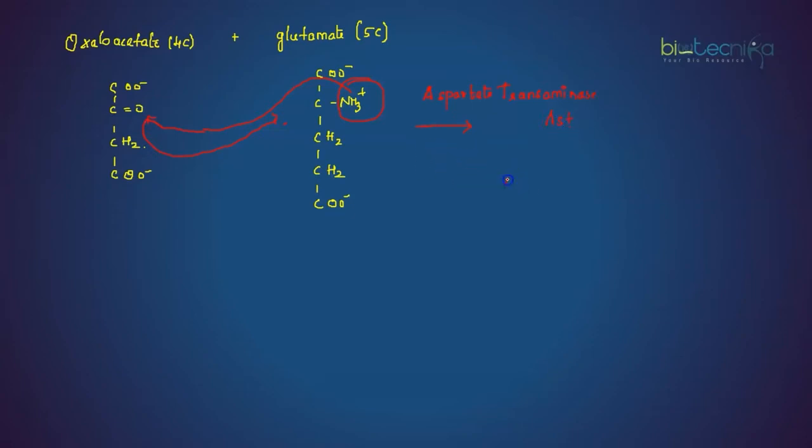It is going to be converted into, this becomes which molecule? This is very important: NH3 plus, and this is going to be CH2 COO minus, and this molecule is going to be aspartate. The rest becomes alpha ketoglutarate, which we have already seen. So oxaloacetate is going to be a precursor for the aspartate molecule.